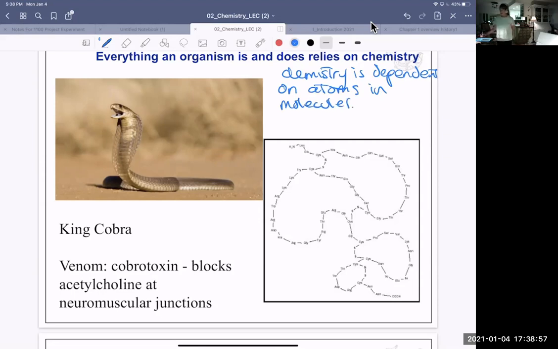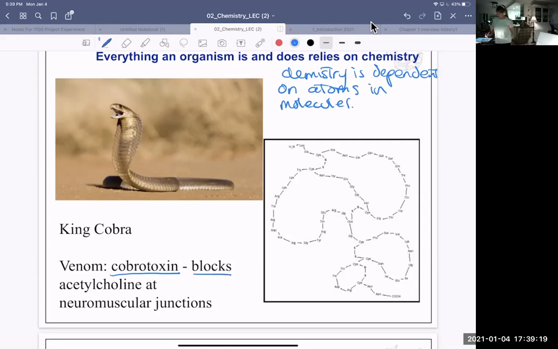So here is a rather large molecule. This is called a coprotoxin. And it's the toxin of a king cobra. It's quite lethal because it causes paralysis.